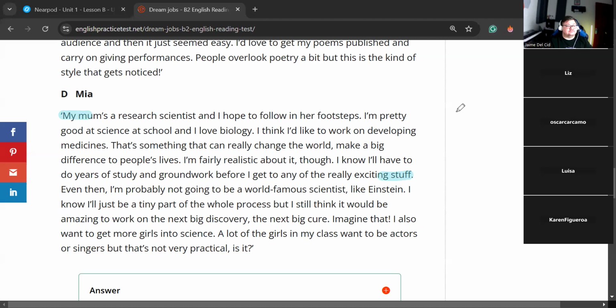My mum's a research scientist, and I hope to follow in her footsteps. I am pretty good at science at school, and I love biology. I think I'd like to work on developing medicines that can really change the world and make a big difference to people's lives.